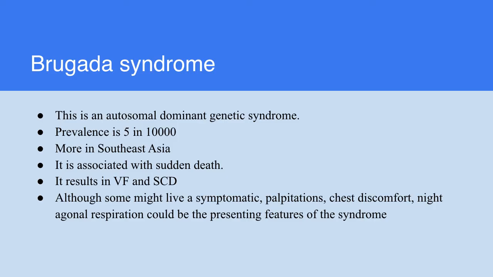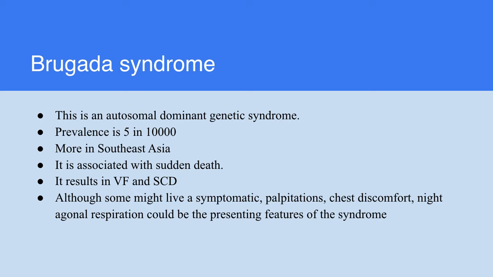The ECG syndromes constitute different, like 3 types of syndromes, which are the most common ones. Brugada Syndrome is probably the commonest, with a prevalence of 5 in every 10,000 of the population.